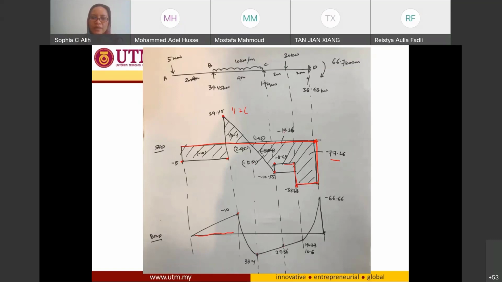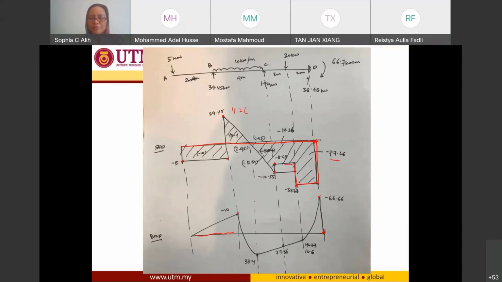And if I minus negative 17, I still have a positive 10.6. And after that, I have to minus another, the area is negative 77. So I go up to negative 66.6 something. And since this one, I have a clockwise direction of moment, 66.7. So plus 66.7, I go back to 0.